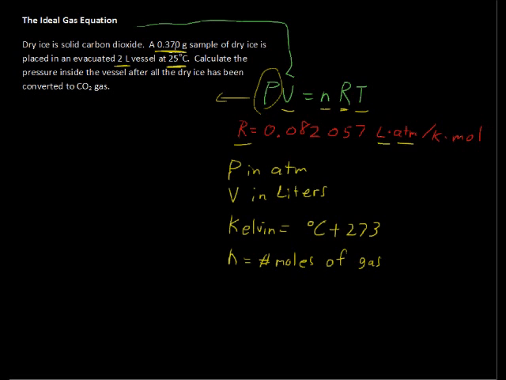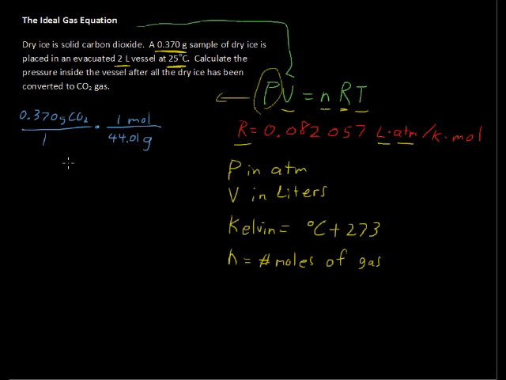First, we have to convert 0.370 grams into number of moles. 0.370 grams of the carbon dioxide, multiplying by the correct conversion. We want to cancel out grams, so I'm going to put grams in the denominator. The molecular mass of CO2 is 44.01, so 44.01 grams for every 1 mole of the CO2 gas.